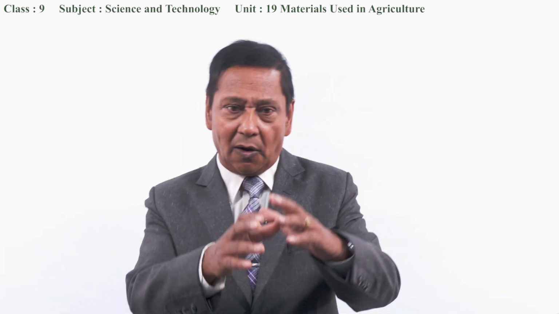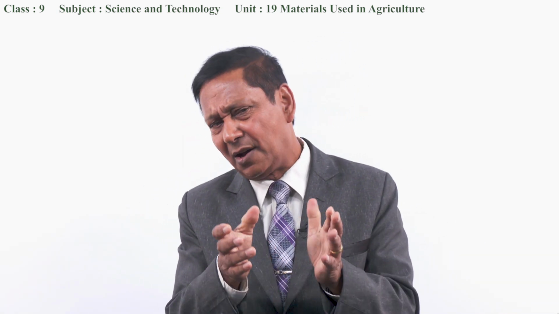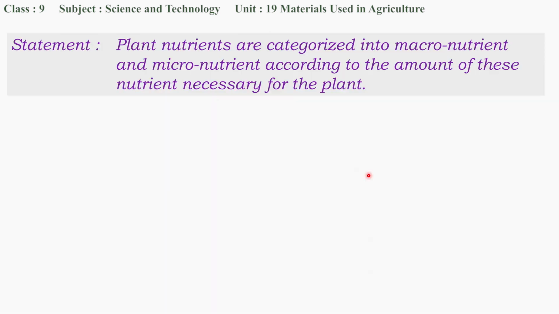Okay, after all this explanation, now I want to see whether the subject matter is clear to you or not with the help of a few questions. Let's start. Question. I made a statement. Look at this carefully. Plant nutrients are categorized into macronutrients and micronutrients according to the amount of nutrient necessary for the plant.